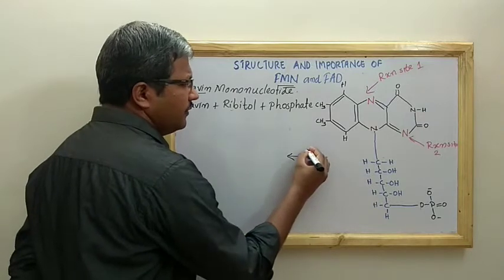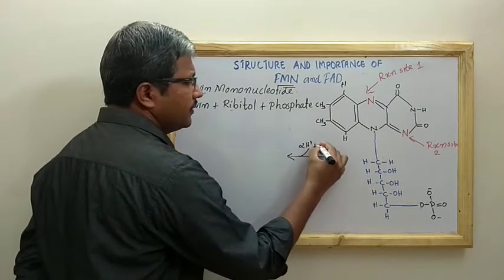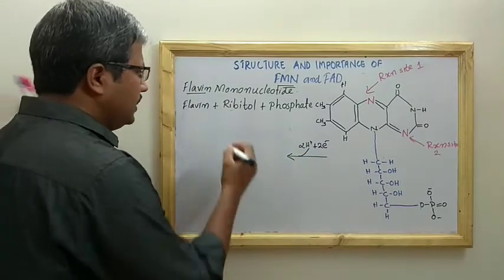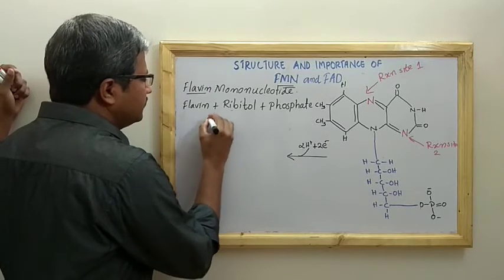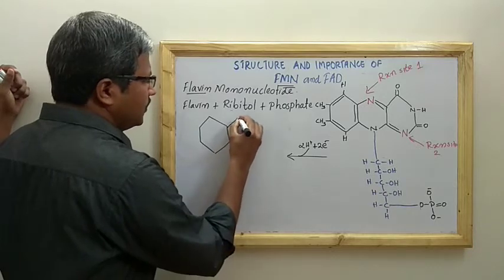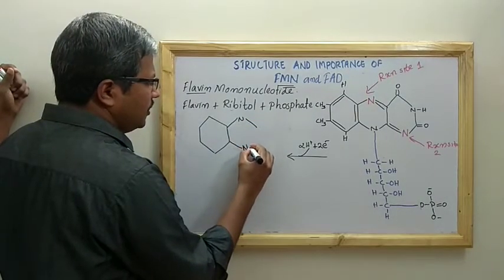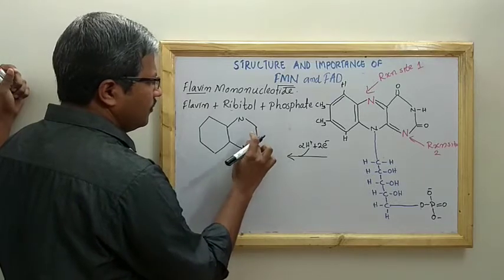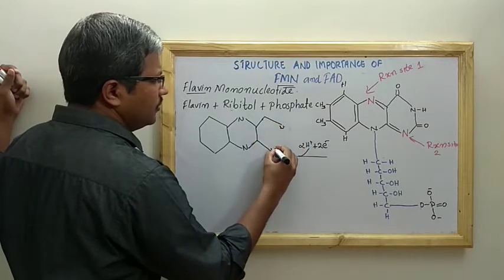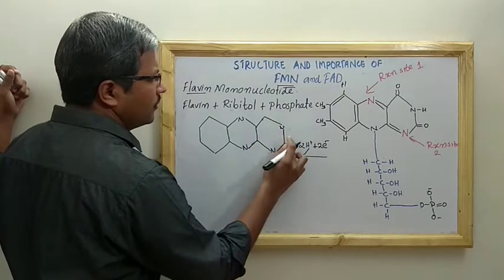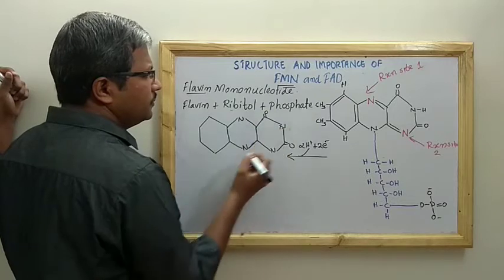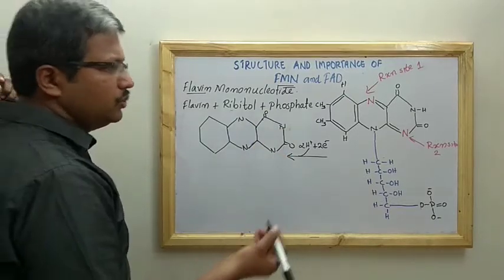Okay, so if 2H+ and 2e- are added, if it is going to get reduced, what will happen? So we have to draw the N, and then uracil, N. Okay, double bond O. Here, one hydrogen will be added.